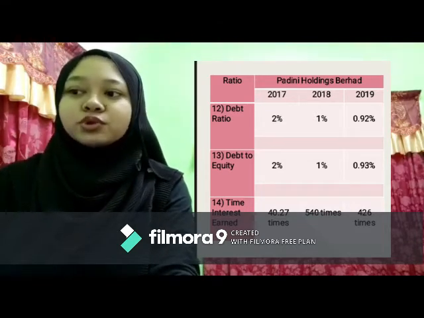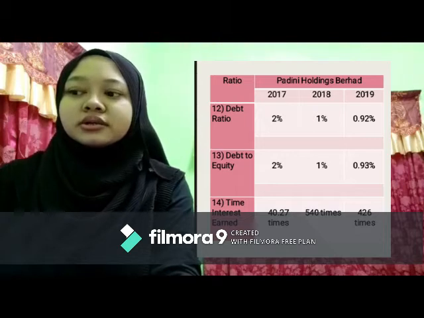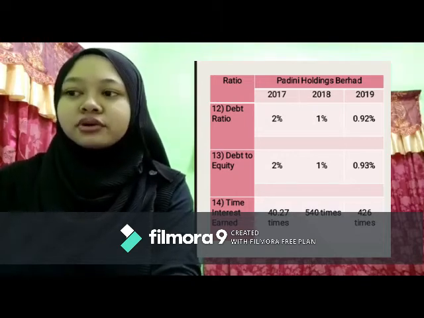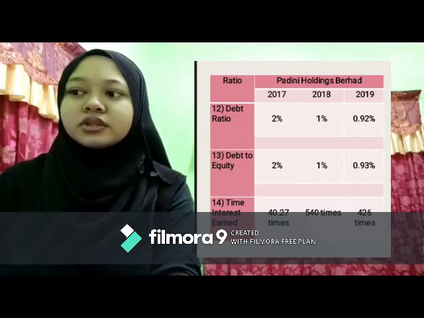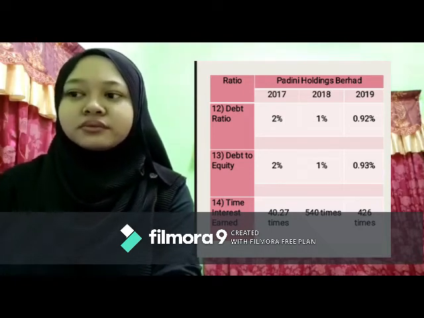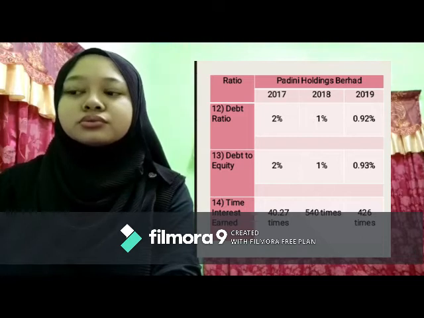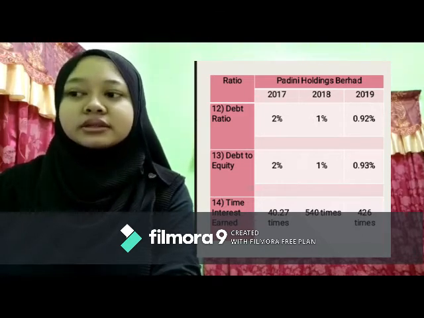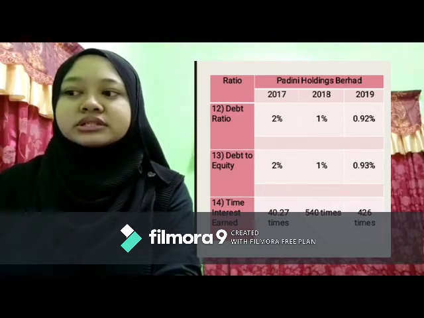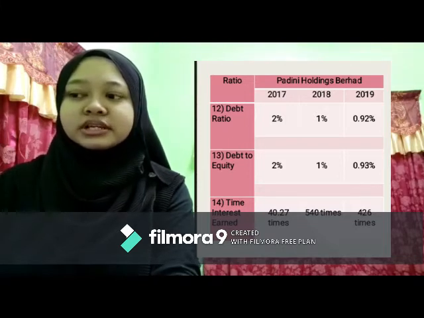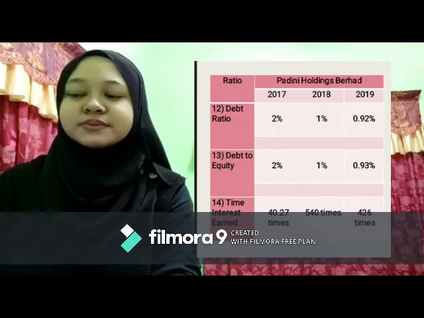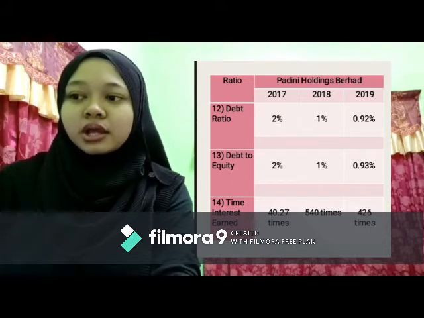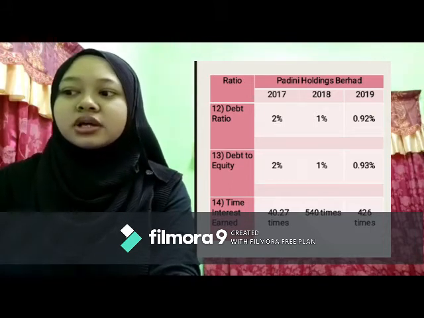For debt to equity, we can see that 2017 is the best for Padini in terms of debt to equity with 2%, compared to 2019 and 2018 with 0.93% and 1% respectively.